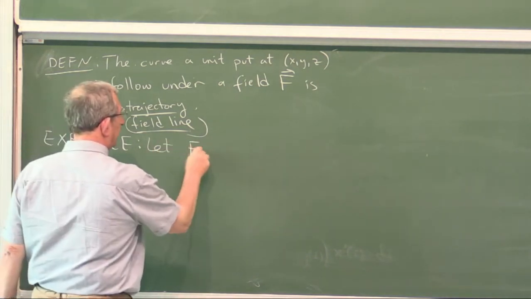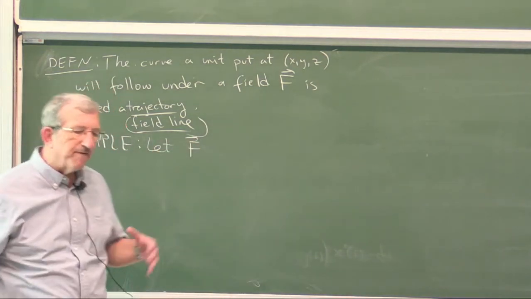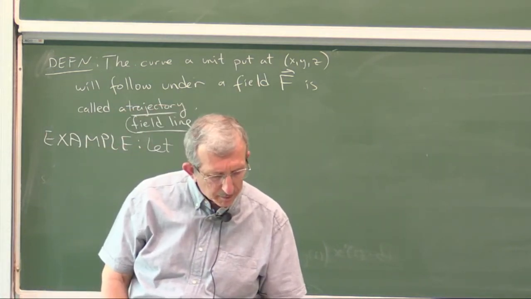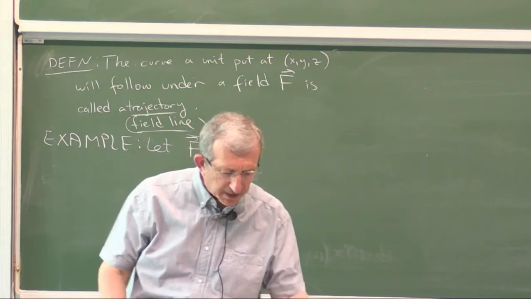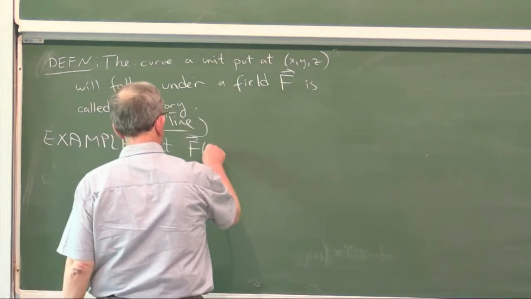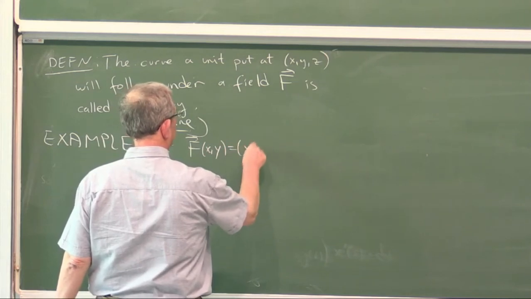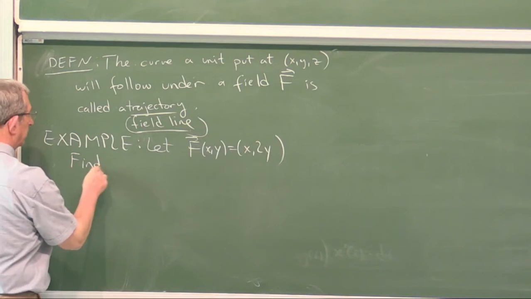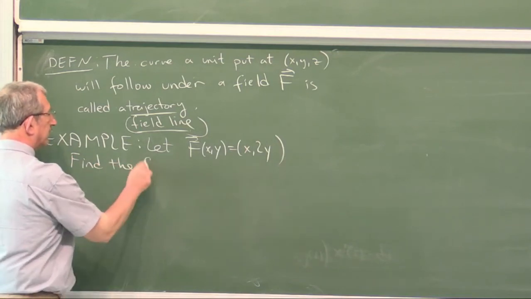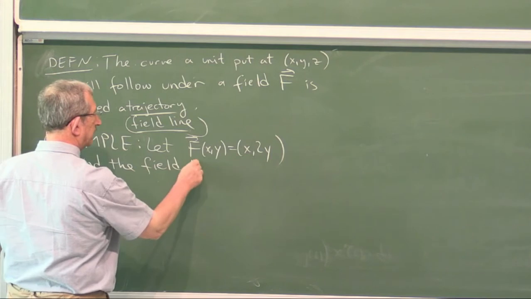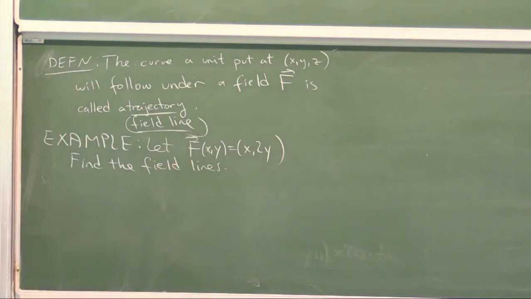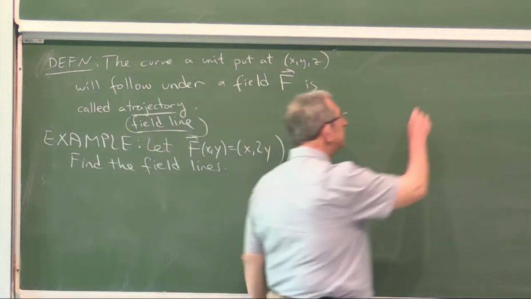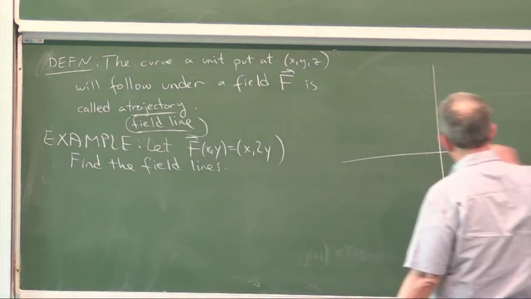So let F be a planar vector field, given by (x, y) maps to x times (1, 2). Find the field lines.